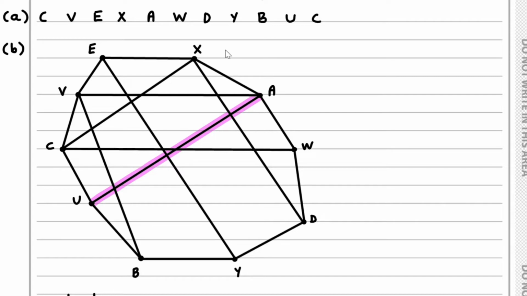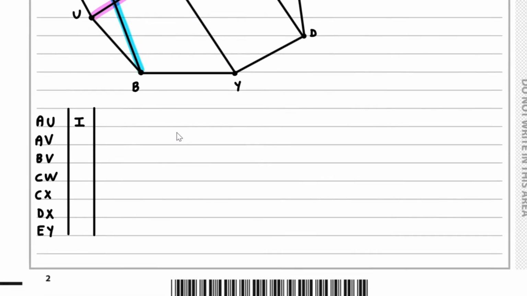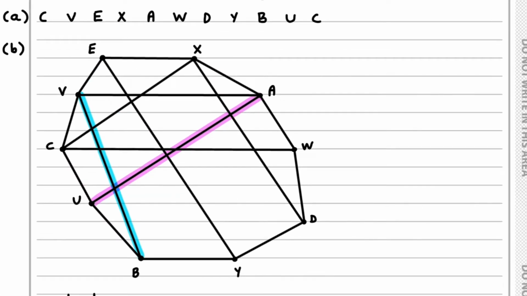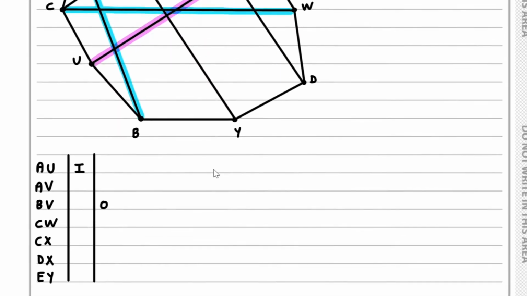Well, what you can see is BV crosses AU, so we have BV, which we label O. We also have CW, which crosses AU, so we label this with an O.